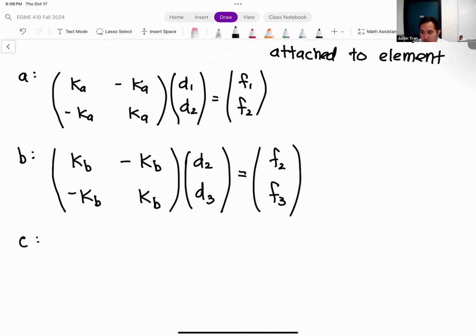And then we have element C here. Element C, we have Kc, minus Kc, minus Kc, Kc.